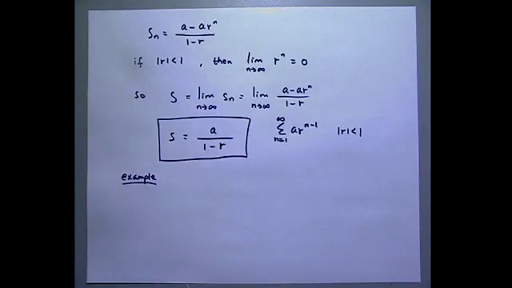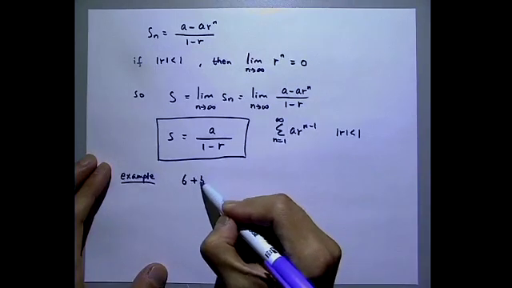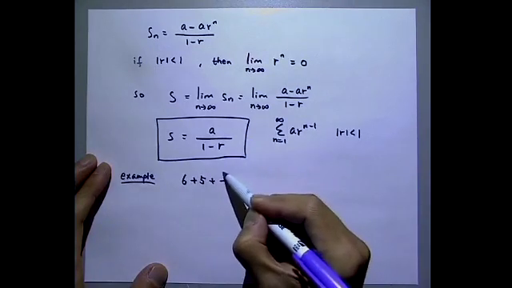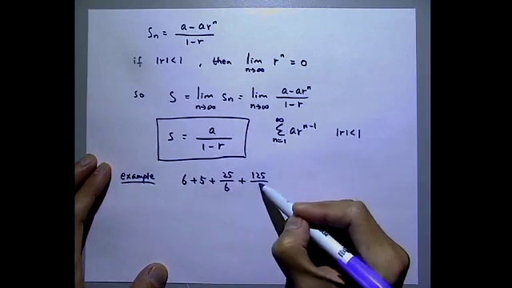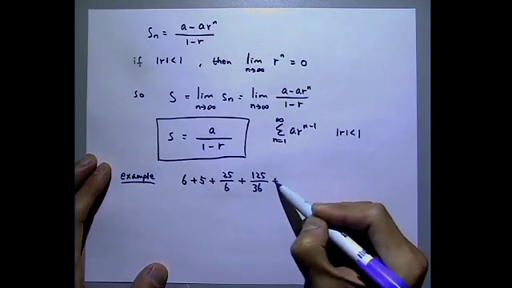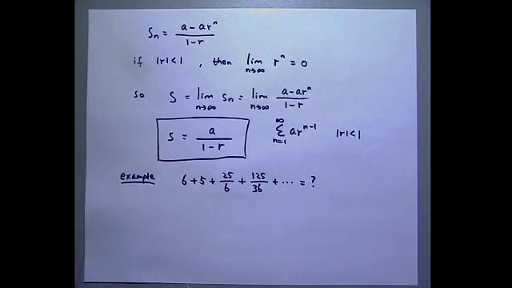Okay, let's try one example here. If I add 6, 5, 25 over 6, 125 over 36, plus all of these things added together, what do I get?